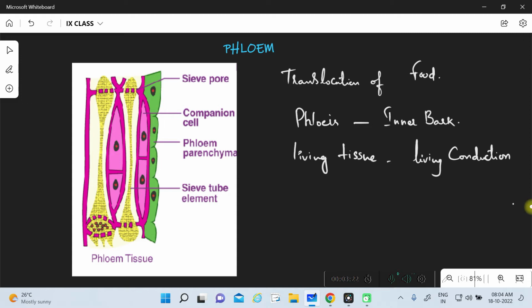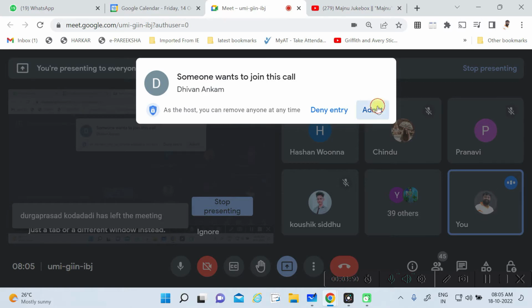We can also refer to phloem by another name called bast. Bast is a technical term which we use for the phloem. So please remember, bast is the term which we can also use instead of phloem.